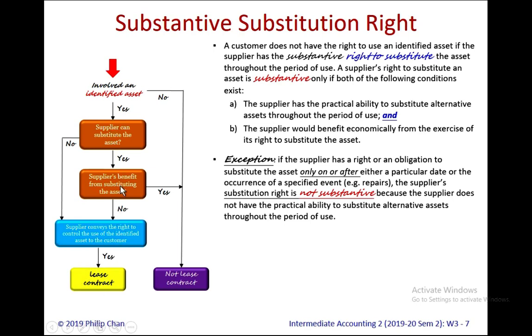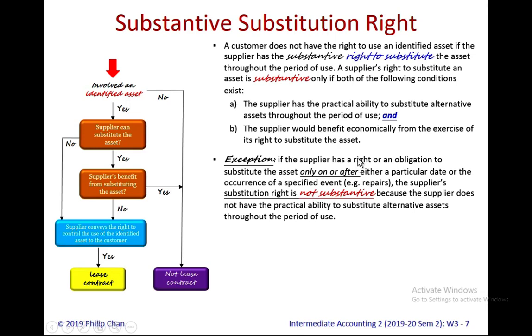If it has a substitution right and it is substantive, then of course the contract is not a lease contract. Or even if there is a substitution right, but the substitution is only in a specific situation, such as a particular day or a repair, then the substitution right would not be considered substantive. Then the answer here would be no, and it is likely to be a lease contract as well.